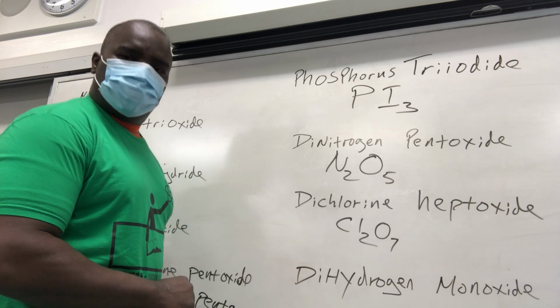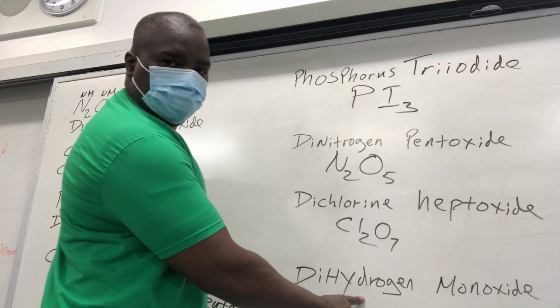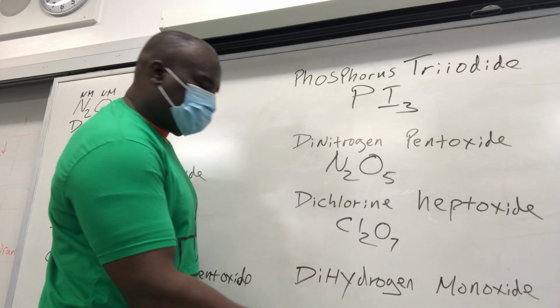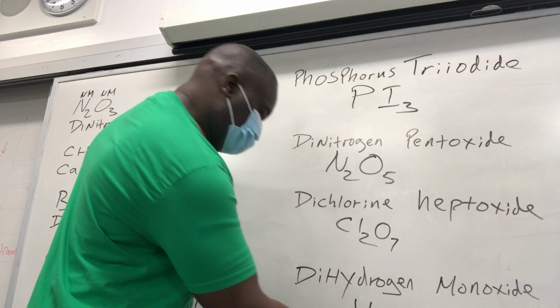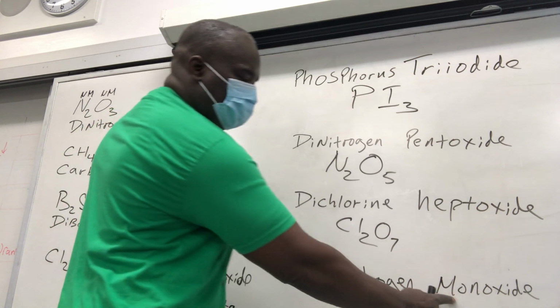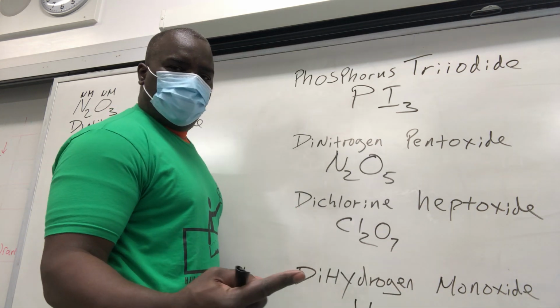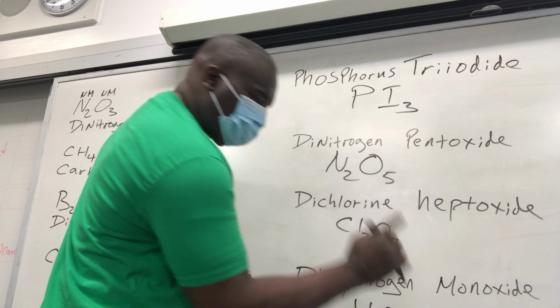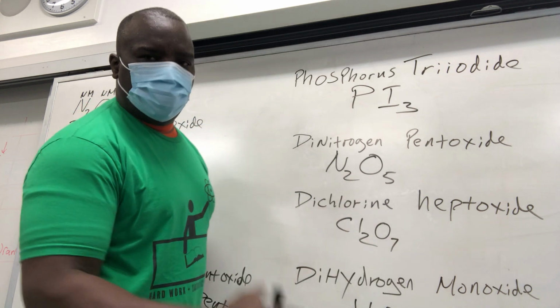And the last one, okay? Dihydrogen monoxide. Dihydrogen, that's two H's, yes? All right, so you know H2. Monoxide, mono is one, okay? Oxygen. Notice, we didn't say monooxide.